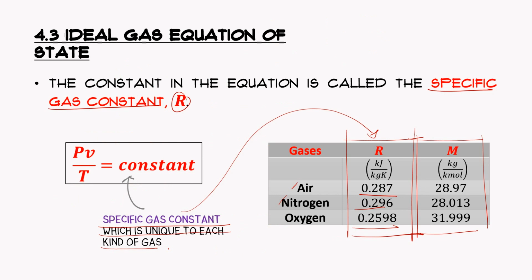That's the reason why I included a column for this, the mole of a particular gas. For air, this is the moles. For nitrogen, this is the moles. And for oxygen, this is it. Again, it's specific to a specific gas.